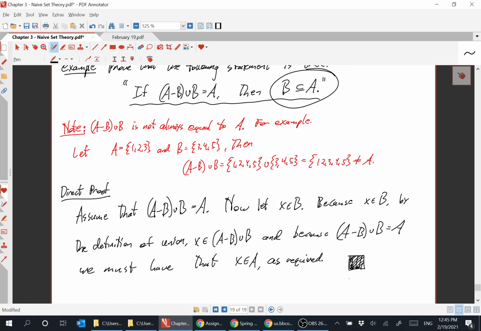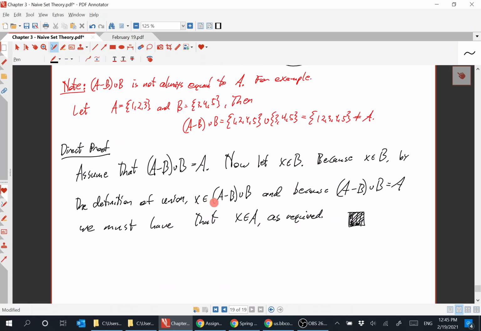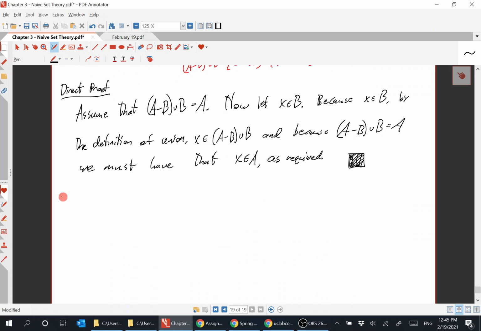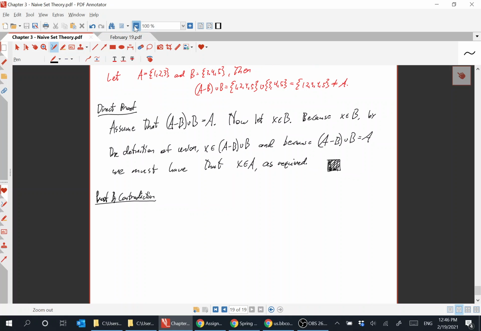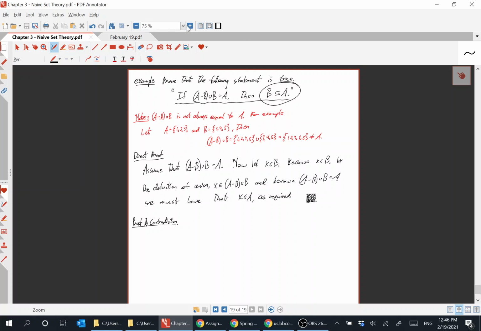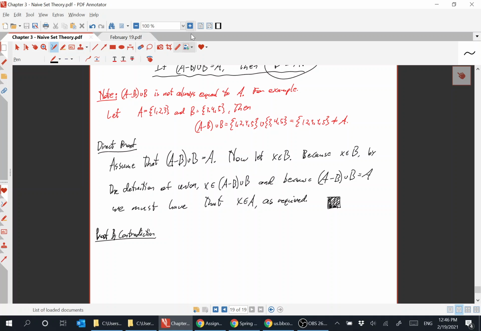Let's do proof by contradiction. In a proof by contradiction, you assume the implication is false.